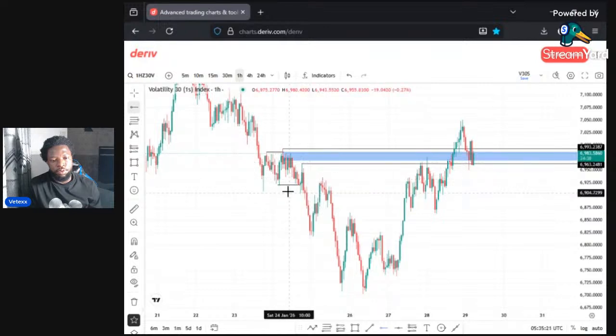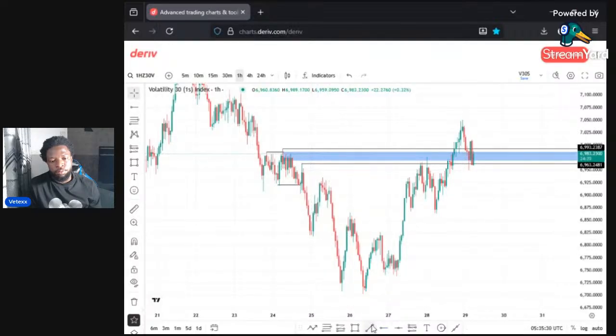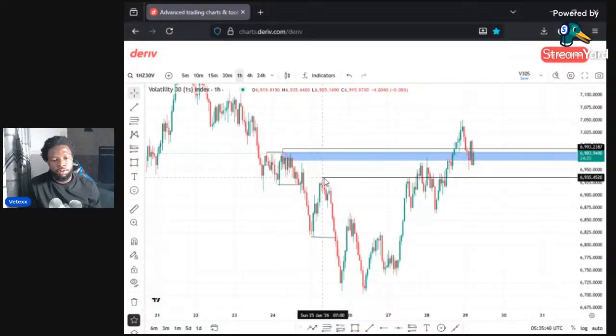Now this becomes what? You can consider this as our structural liquidity and then second break of structure.